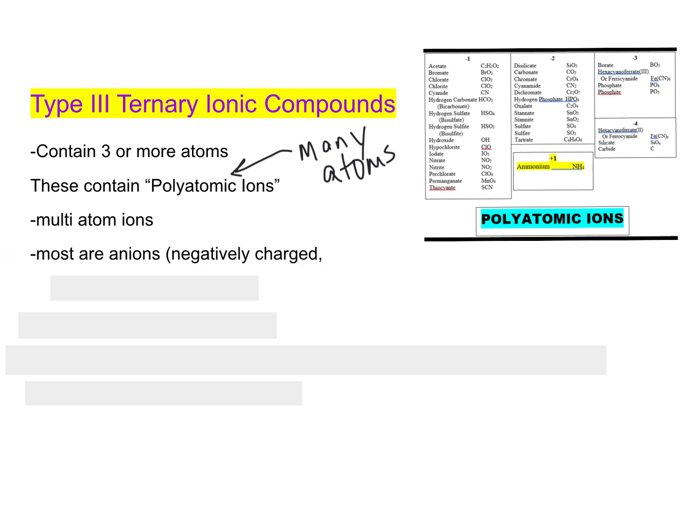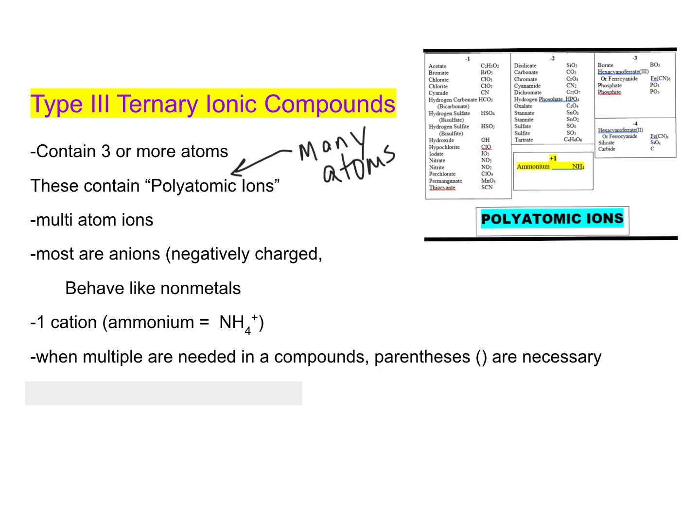Most polyatomic ions are negatively charged. They're anions, and they behave like nonmetals, so they want to gain electrons. There is one cation amongst them. It's called ammonium, and the formula for ammonium is NH4, and it has a +1 charge.